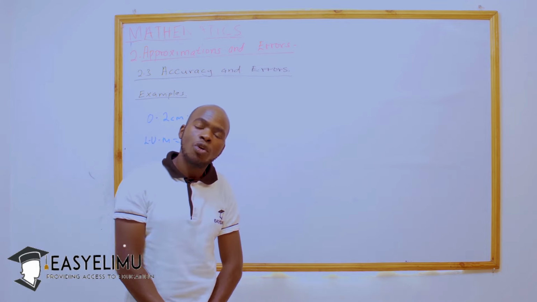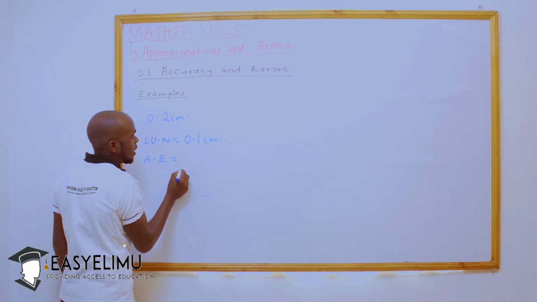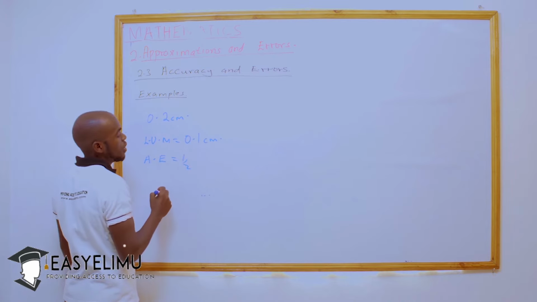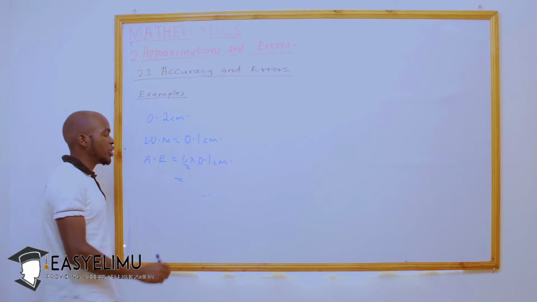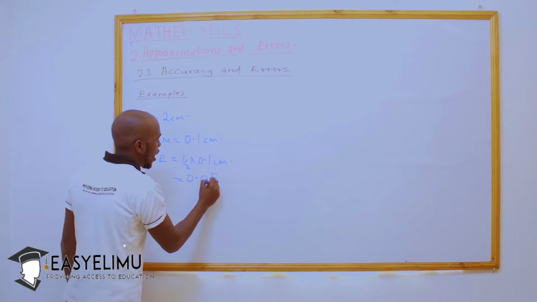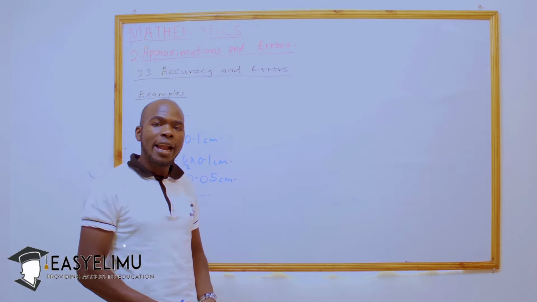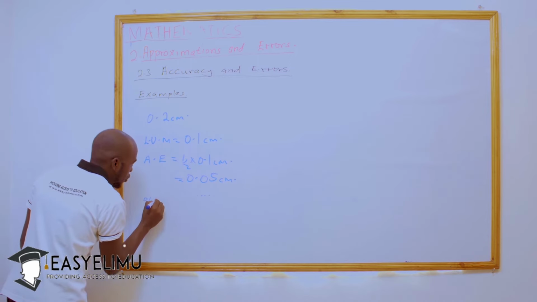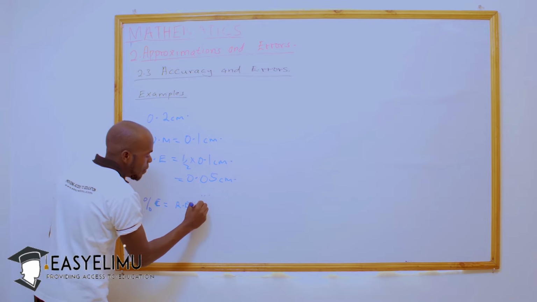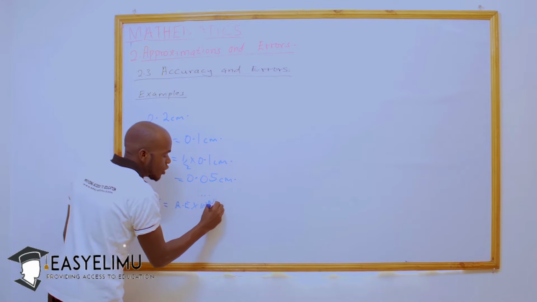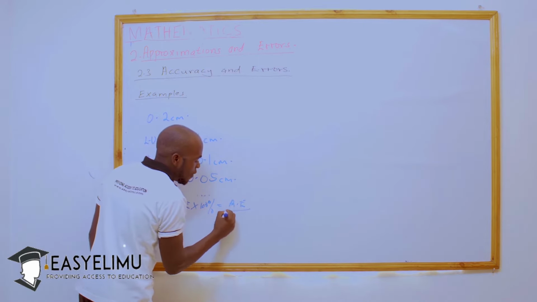And if that is the case, we shall have our absolute error as 0.5 of the least unit of measurement, that is of 0.1 centimeter, and this one is amounting to 0.05 centimeters.